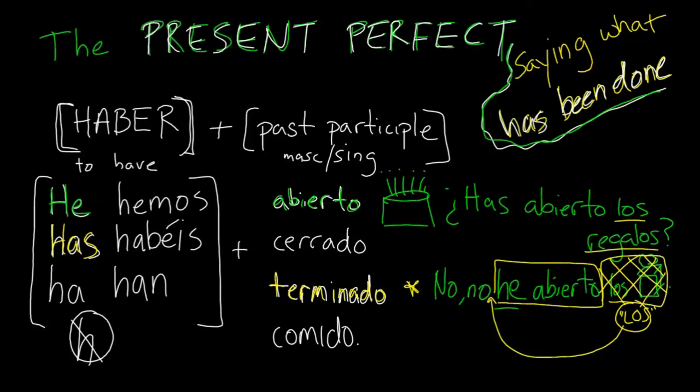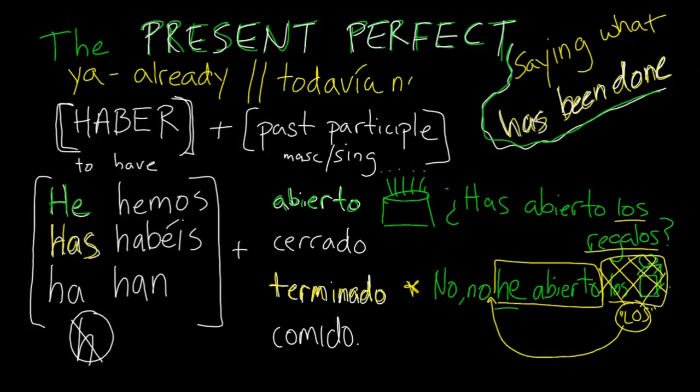Two final words that I want to give you are some key words that will help us when we're using this tense. And one of them is ya, which means already. Another one is todavía no, which means not yet.